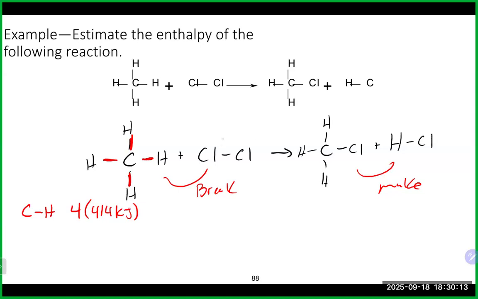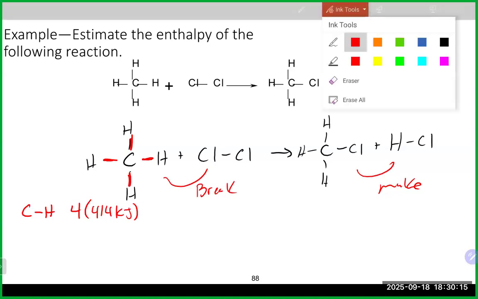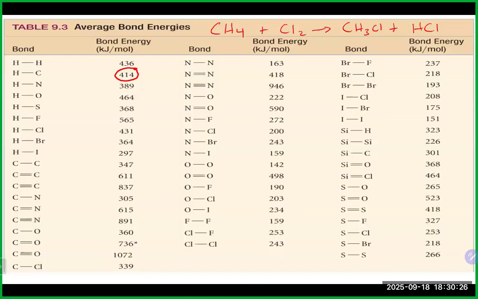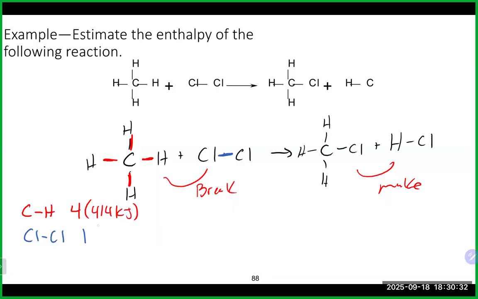I also am going to be breaking over here a chlorine-chlorine single bond. So I have to break a chlorine-chlorine single bond, and that is one of those. Again, I'll go to my table here and find the double chlorine, which is right there at 243. And that's going to be 243 kilojoules.